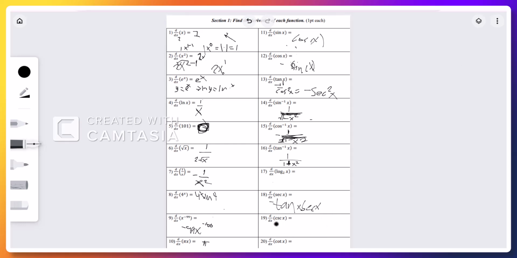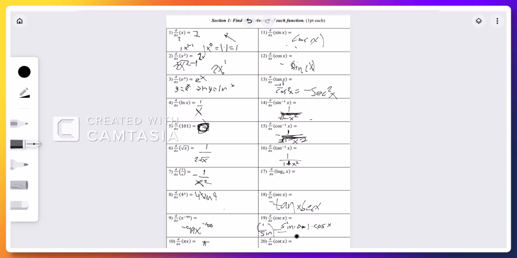For cosecant, we're going to do the same thing. We're going to break it up, and then we're going to derive this. Again, we're going to do low d high plus high d low, which is minus high d low.